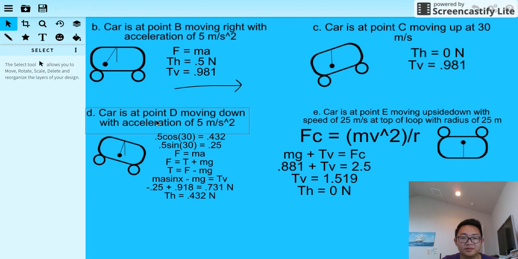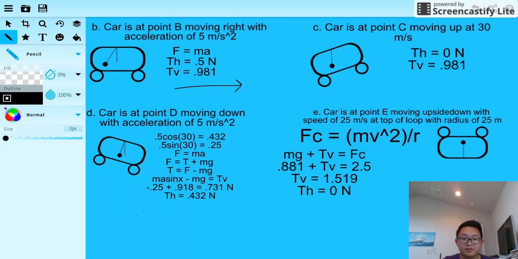If we look at part D, it says the cart is moving downhill with an acceleration of 5 meters per second squared. So in this case, we have to use trig. We have to find each component. So if you just look at it unresolved, 0.5 newtons is the net force.